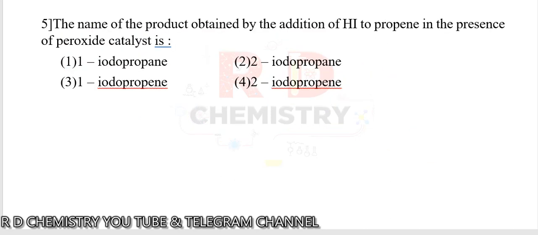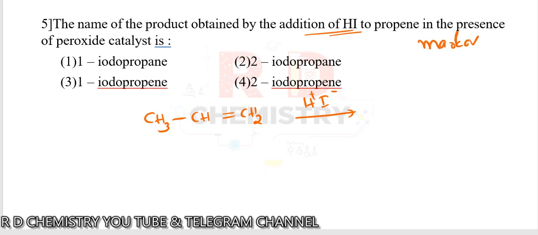Question number 5. Name of the product obtained by the addition of HI to propene in the presence of peroxide. Propene, CH3-CH double bond CH2, reacts with the HI. So I can write H plus and I minus. So remember here two rules. One is the Markovnikov rule and anti-Markovnikov rule.